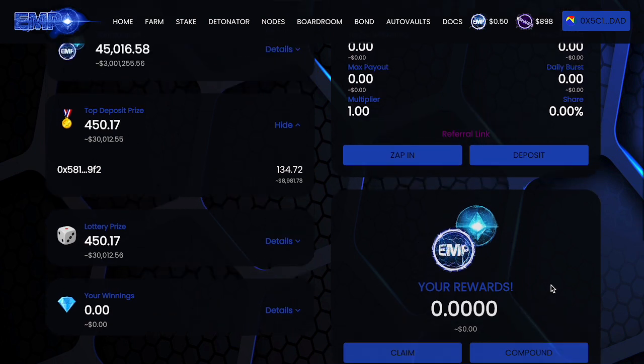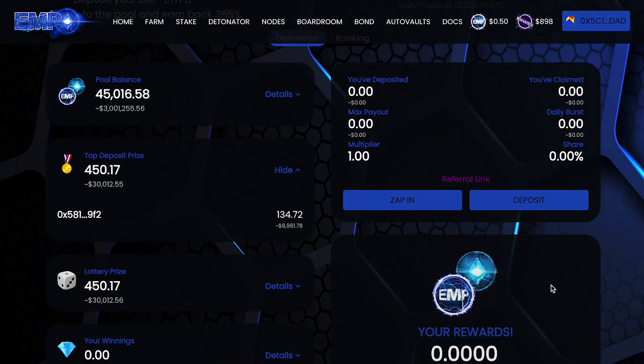That's called compounding. Now, some people will say, well, okay, I deposited that 10 LP to start with, and every day for the last month, I've just compounded all of it back into the contract.